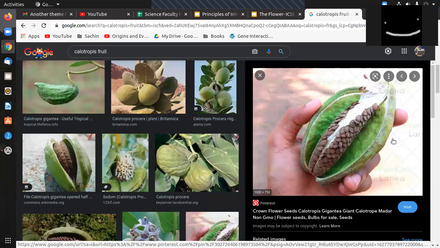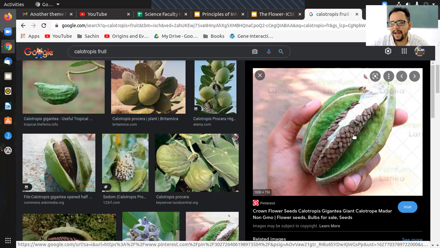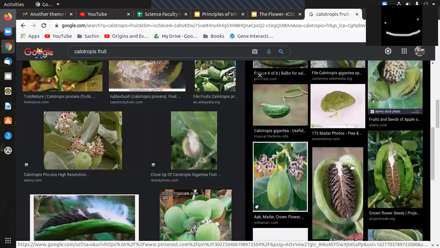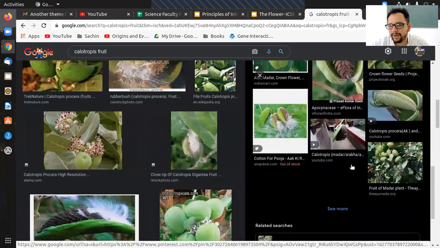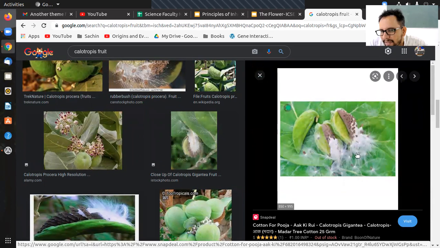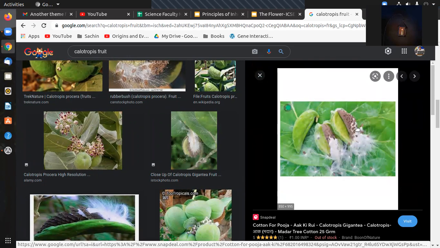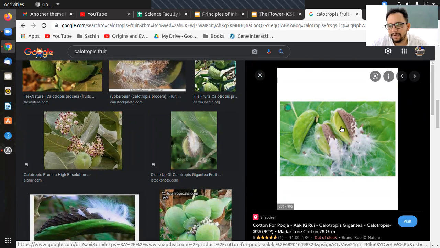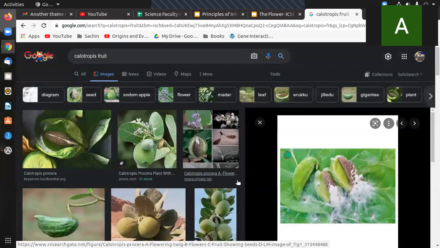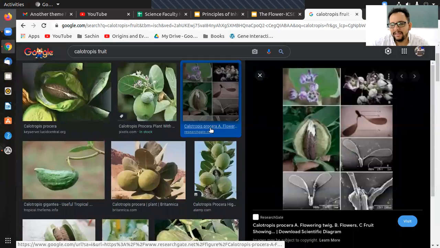And when this flies, it will have that round feathery appearance, and that's why you call it rui, cotton. We can actually see these individual ones here. They separate later once this pod pops up. So when you blow on them gently, they fly away, right? Yeah, exactly. So that is this calotropis.